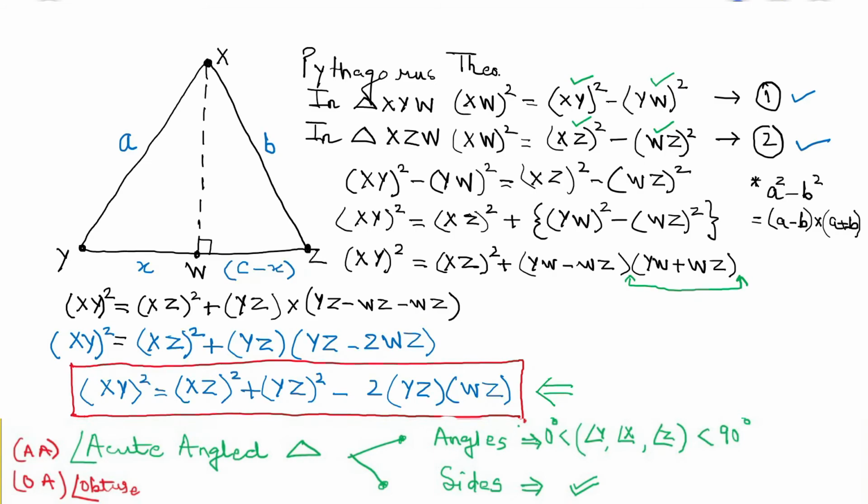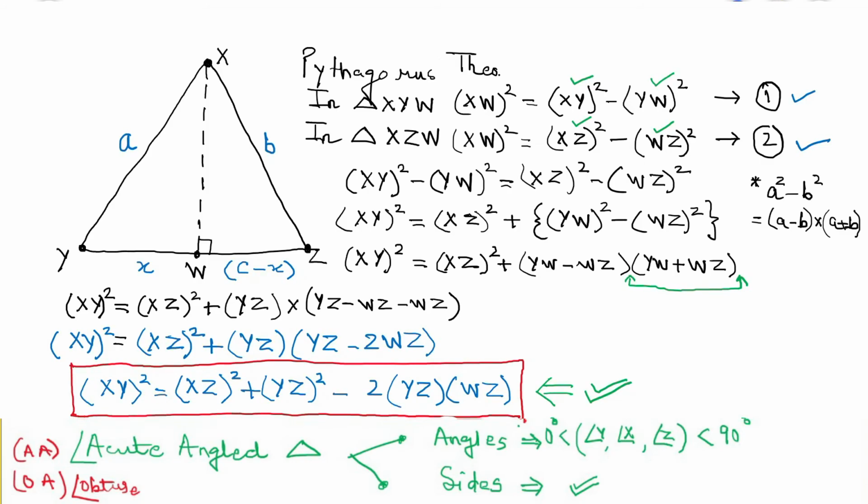Similarly, when we are finding it out with the help of sides, then it should satisfy this equation. Only then can you term the given triangle an acute angle triangle.